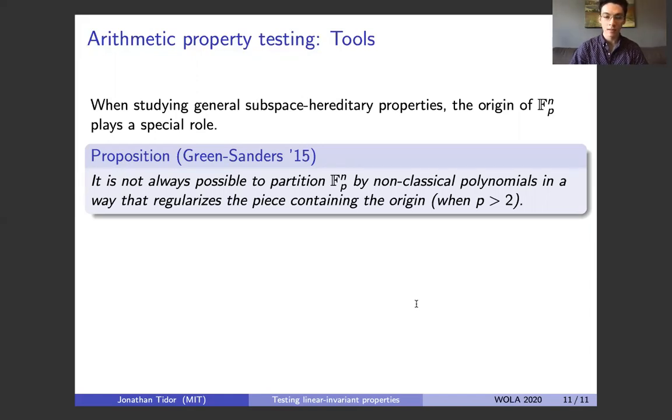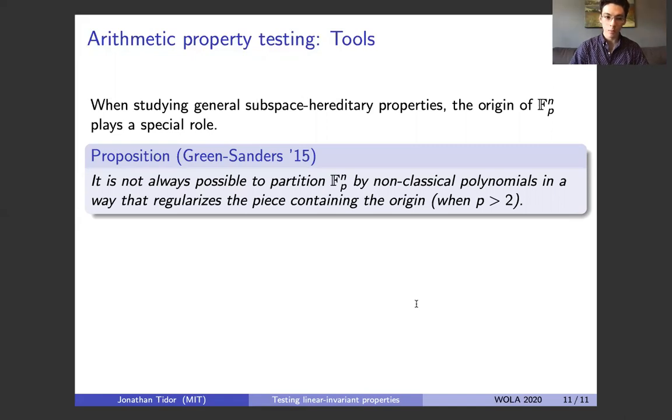Now, this is a serious issue because the origin of F_p^n plays a special role, and you can't just ignore it. Well, actually, there are two cases where you can ignore it. If you restrict your attention to translation invariant properties, like the work of Bhattacharya, Fisher, Hatami, and Lovett, then the origin no longer plays a special role. So if you only care about this restricted class of properties, then you can ignore the issue.